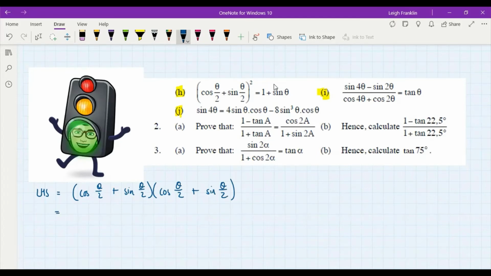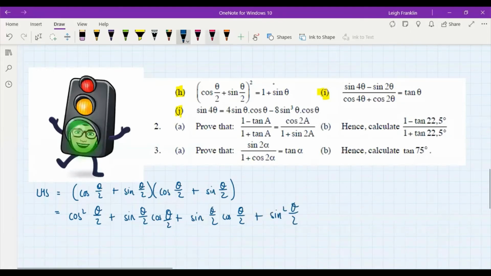So first, cos squared theta over 2, plus outers, that's sine theta over 2 cos theta over 2, plus inners, another sine theta over 2 cos theta over 2, and then lasts, plus sine squared theta over 2.